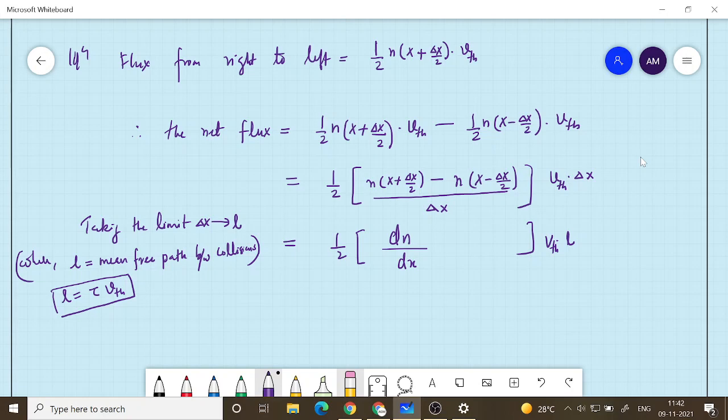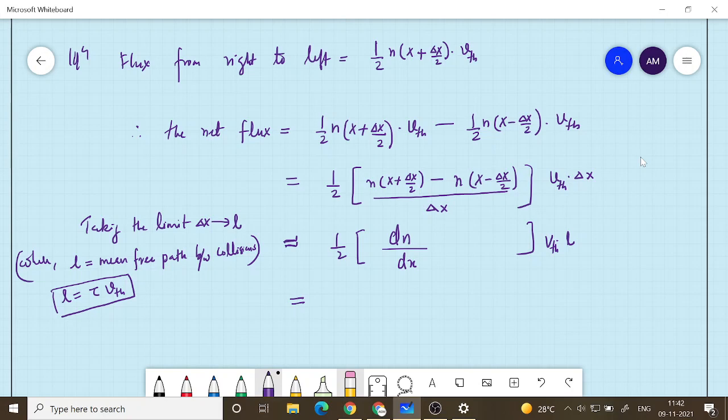So L is typically very small, therefore we can say this is a good approximation for the derivative function.